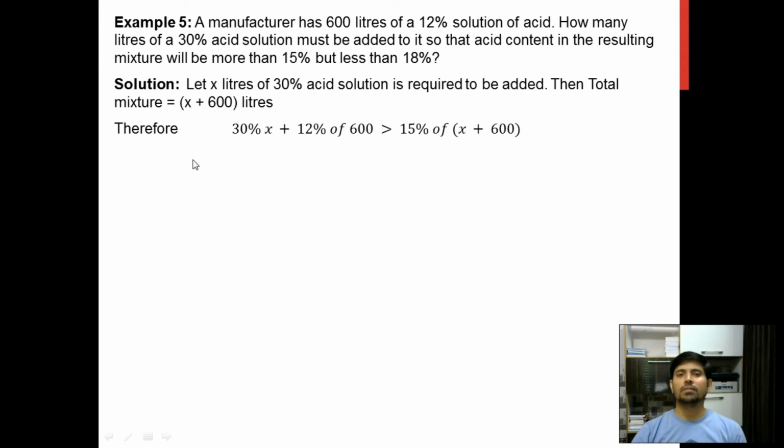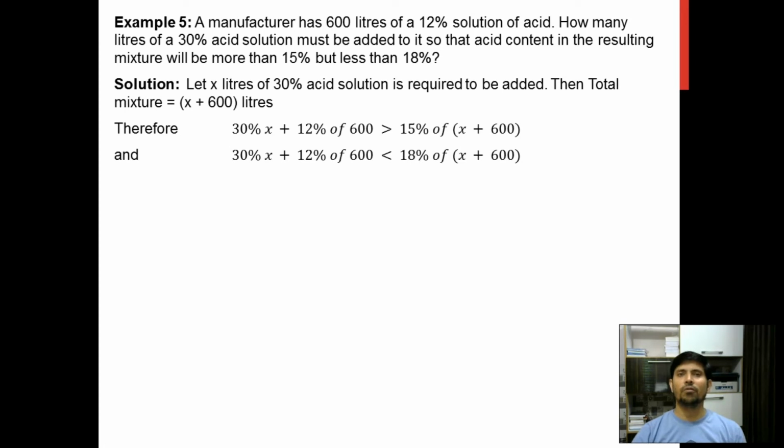And similarly, 30% of x plus 12% of 600, the concentration of this whole solution, is less than 18% of the total solution, which is x plus 600. Now one by one we will solve these and find the value of x.